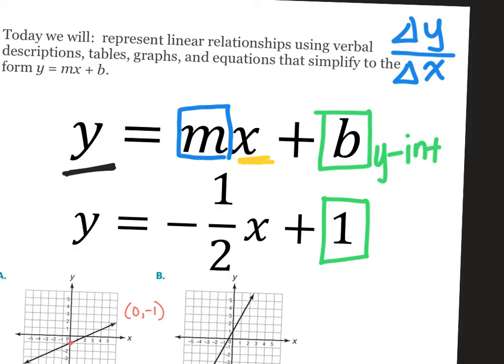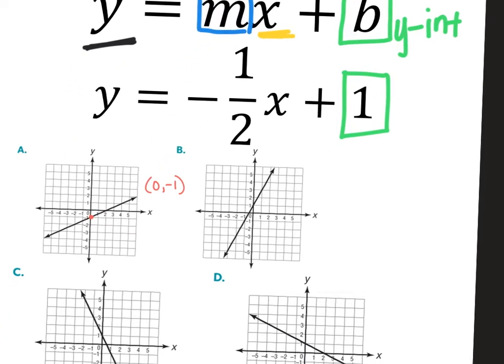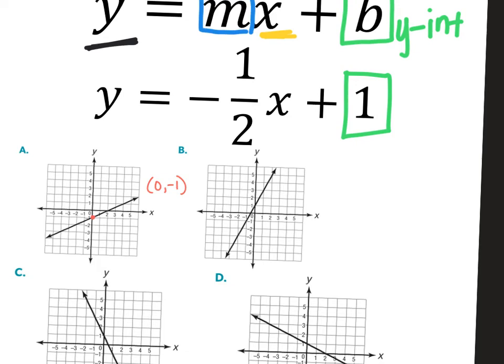Now moving on. So in this equation, number 1 from today's assignment, you'll see our linear equation here is y equals -1/2 x plus 1. When I'm looking at these, the easiest thing for me to identify is the y-intercept. So we have a y-intercept that's 1, or what this means for our graph would be, that point would be 0, 1.